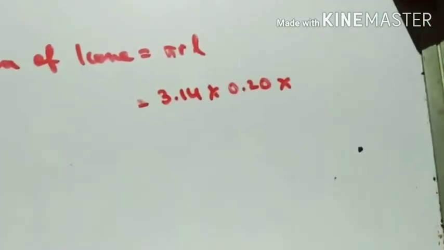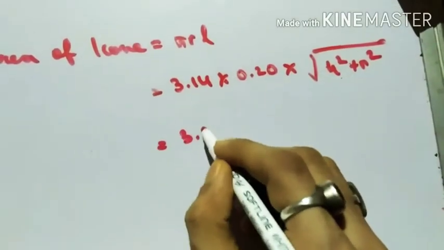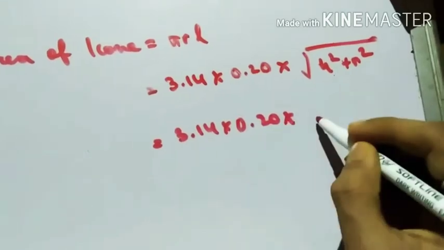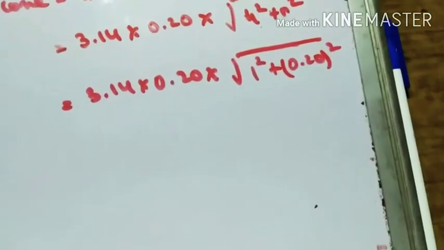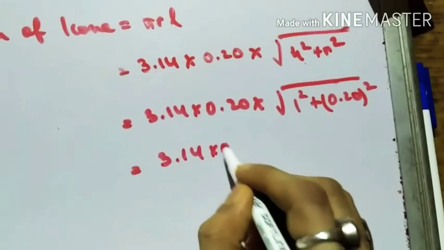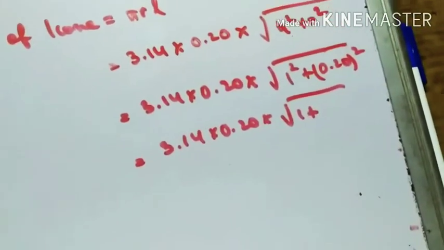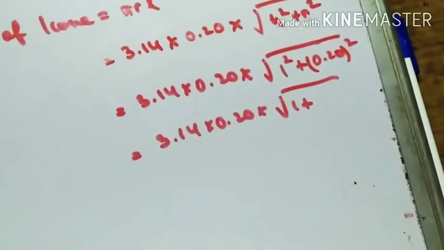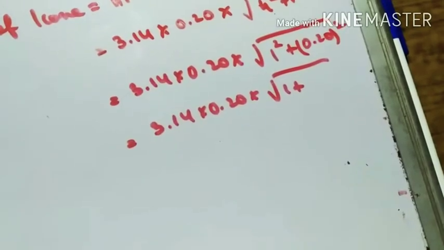Slant height I have to find: root over h square plus r square. So 3.14 into 0.20 into root over height. Height is given as 1 meter, so 1 square plus radius 0.20 to the whole square. So it equals 3.14 into 0.20 into root over 1 plus 0.20 into 0.20, which is 0.04.